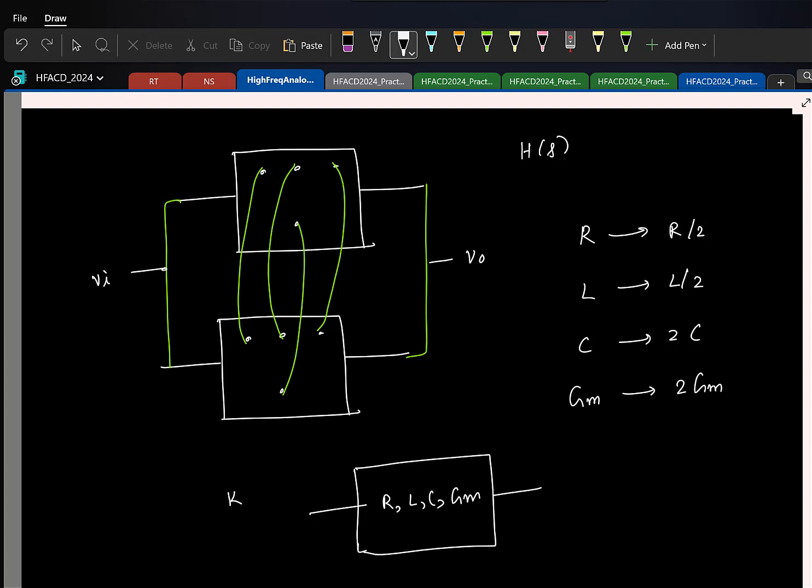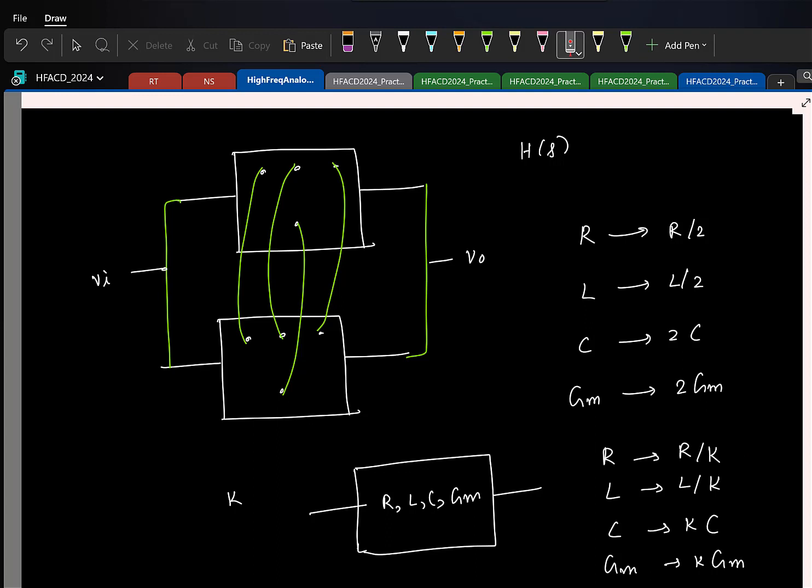So which means, what should I do to the resistors in the network? All resistors in the network should be scaled by factor 1/k. Inductors should become L by k. Capacitors should become k times C. GM should become k times GM. If I do this, the power spectral density will reduce by a factor of k.